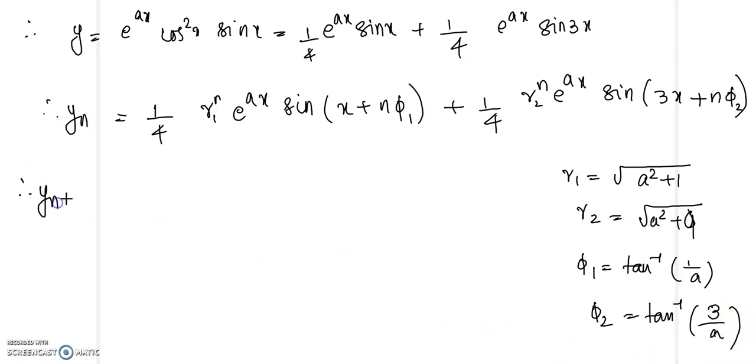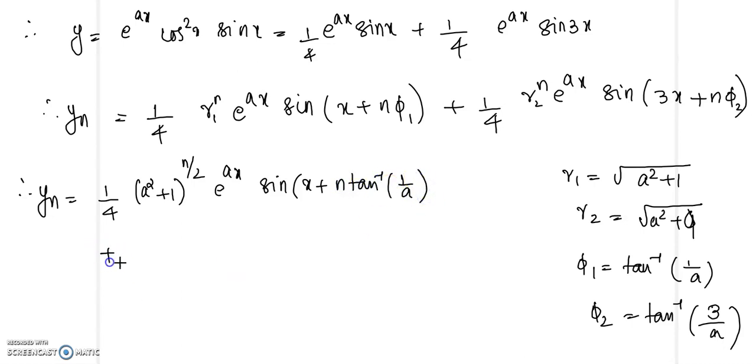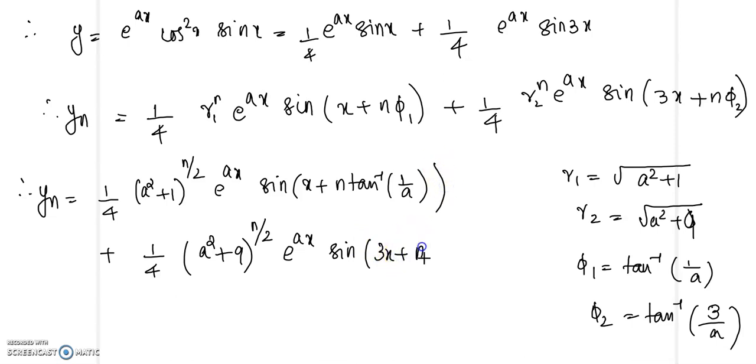So therefore yn will be equal to 1 by 4 r1 raised to n, so that is a square plus 1 whole raised to n by 2, then e raised to ax sin x plus n tan inverse of 1 by a, plus 1 by 4 a square plus 9 whole raised to n by 2 e raised to ax sin 3x plus n tan inverse of 3 by a.